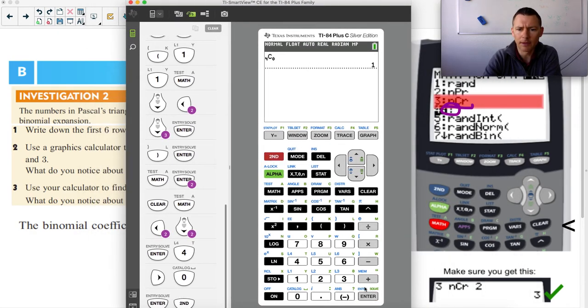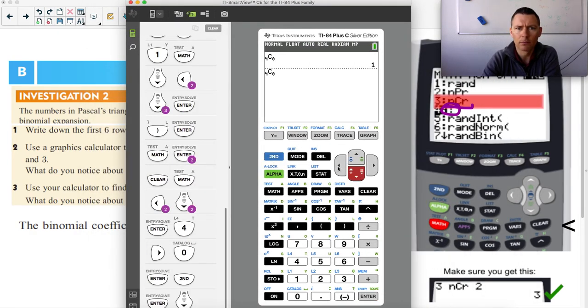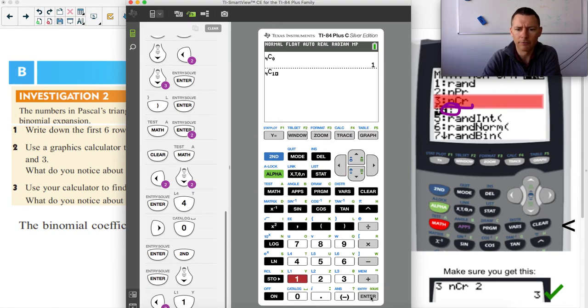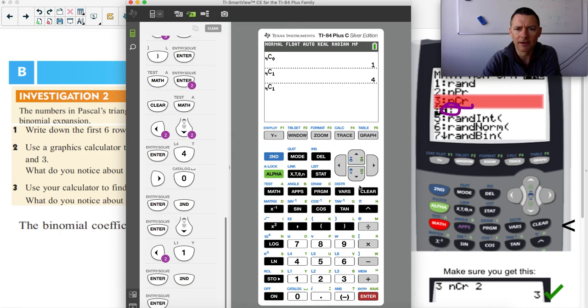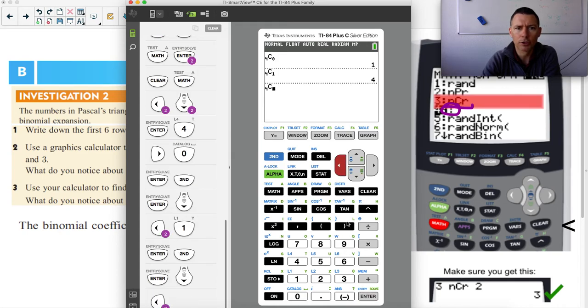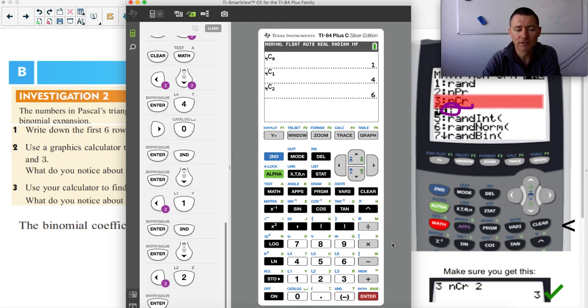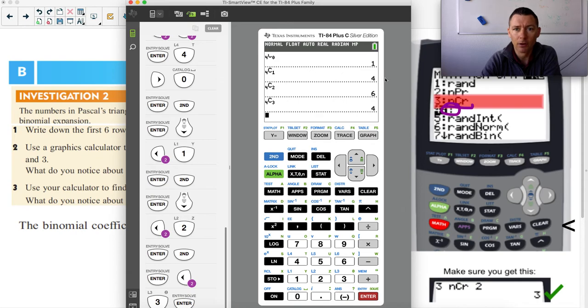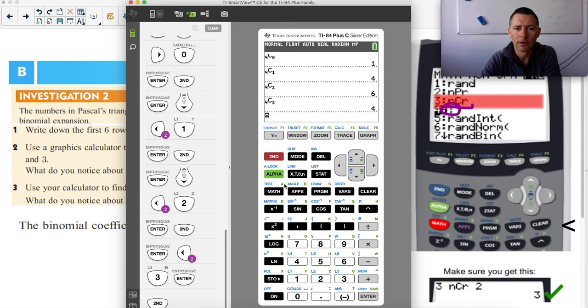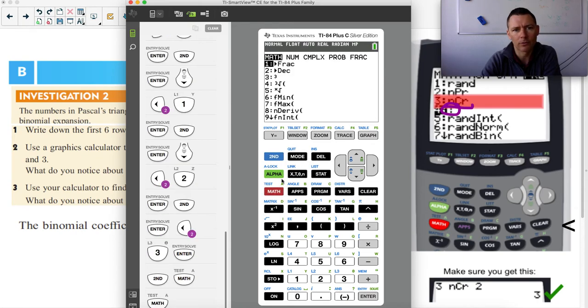You can do the same thing, plug in 1, you get 4. You do the same thing, I'm hitting second enter, you go 2, and you get 6, right? Take a guess at what's going to happen when you put in 3. You guessed it, it's 4 again, right? 1, 4, 6, 4.